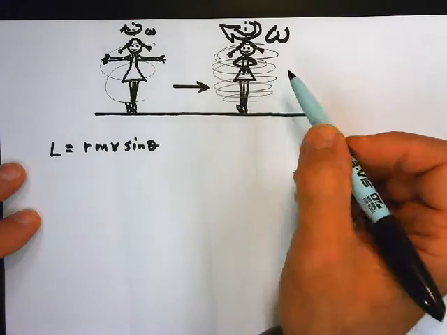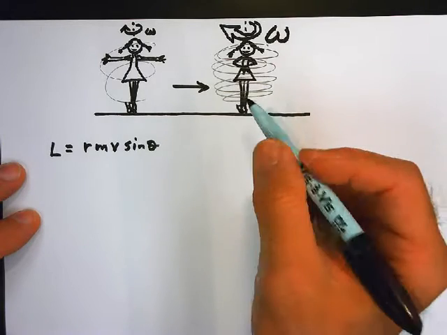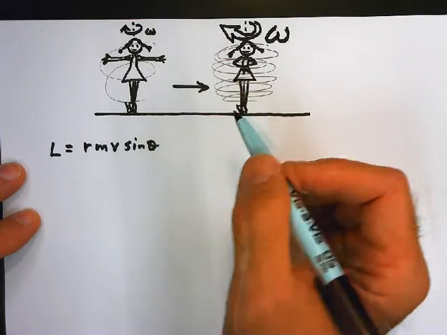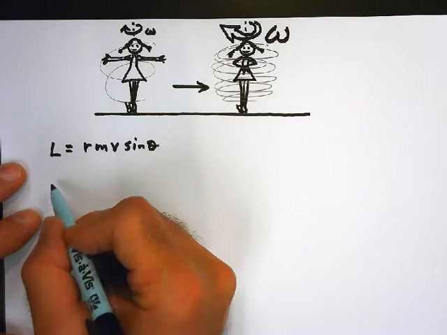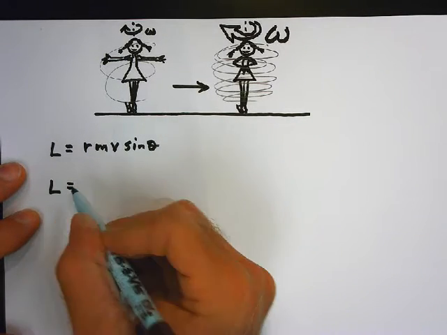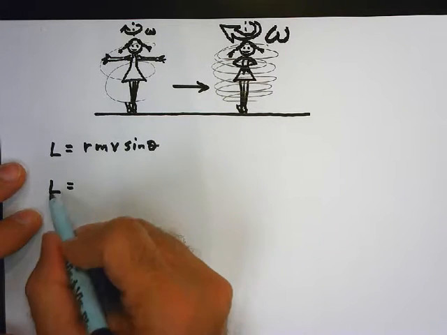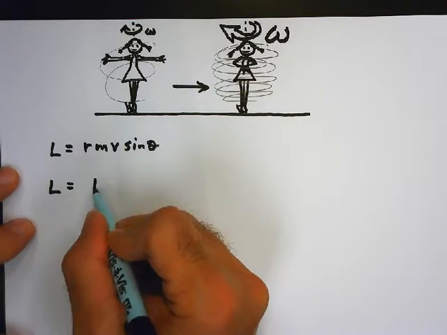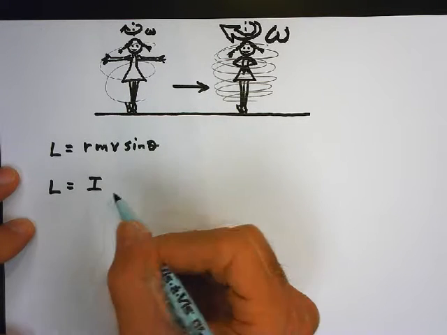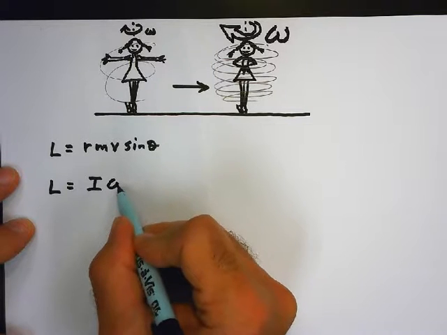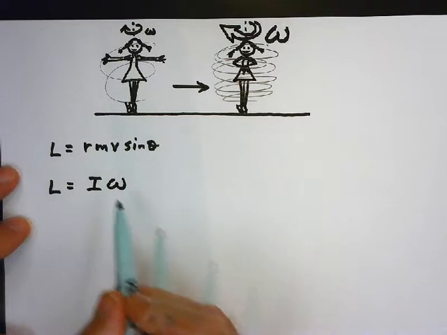But for this situation, where we can actually figure out what the moment of inertia would be, a different form of the angular momentum equation is more useful, and that would be angular momentum is equal to the moment of inertia I times the angular speed omega.